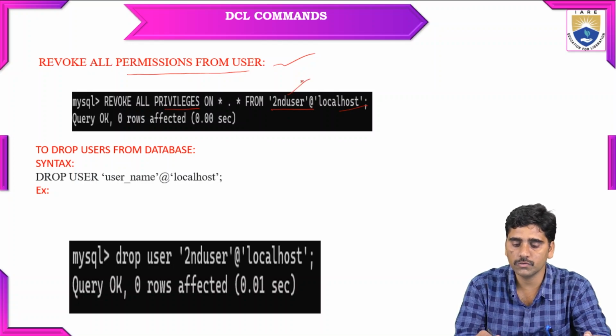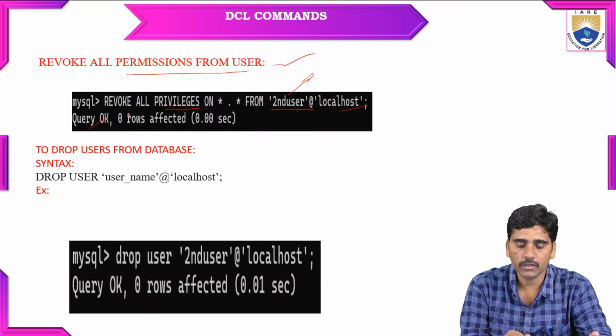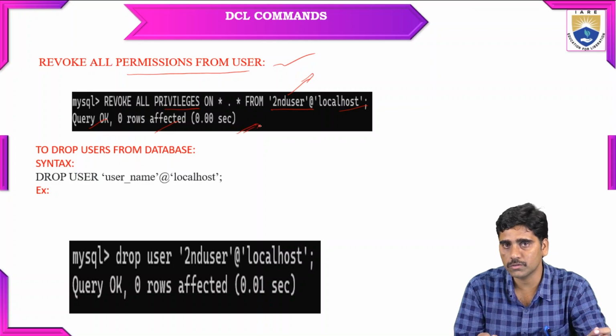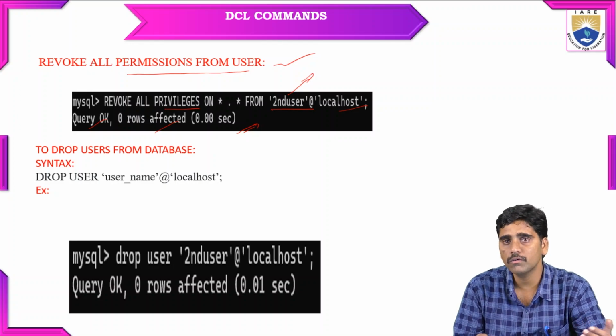Now it displays Query OK, 0 rows affected, and the query is executed within 0.00 seconds. So this is the way to revoke all permissions from a particular user. Now the user is created, granting permissions is done, and revoking is also done.